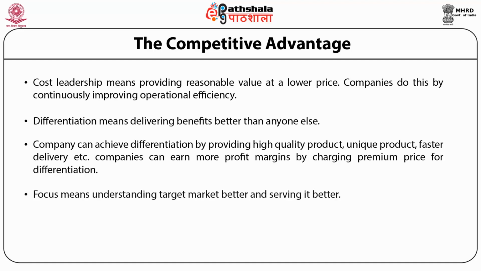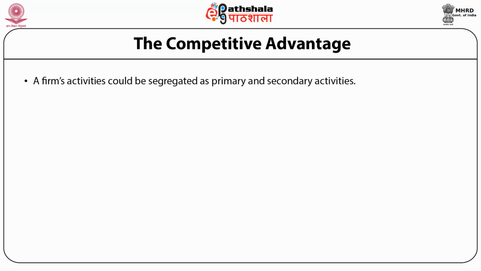Third is focus. Focus means understanding the target market better and serving it better. Key focus is on the specific market. It can be through differentiation or cost efficiency. A firm's activity could be segregated as primary and secondary activities.